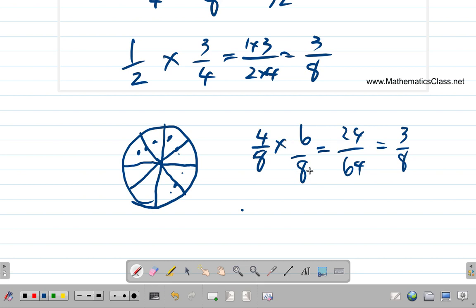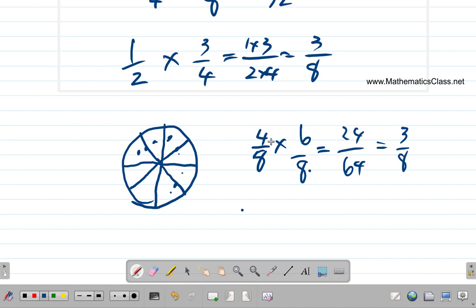Now, what we did a while ago was to make common denominators. That's useful when you add and subtract. But when you multiply, you don't necessarily have to use common denominators, because you're going to come up with big numbers and you have to cancel out. What you need to see now is that the answer comes in eighths.